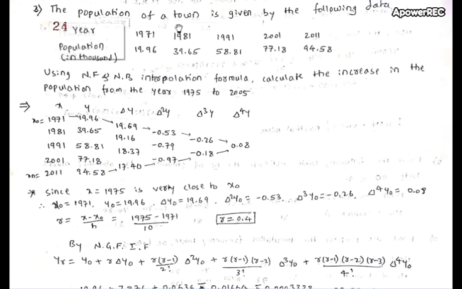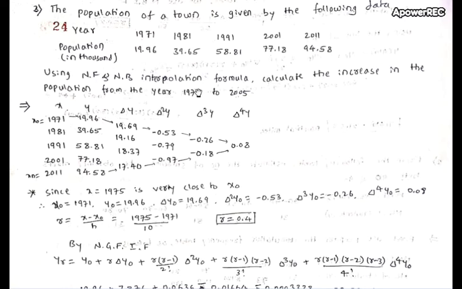Second example: the population of a town is given by the following data. Year: 1971, 1981, 1991, 2001, 2011. The population in these years is 19.96 up to 94.95.